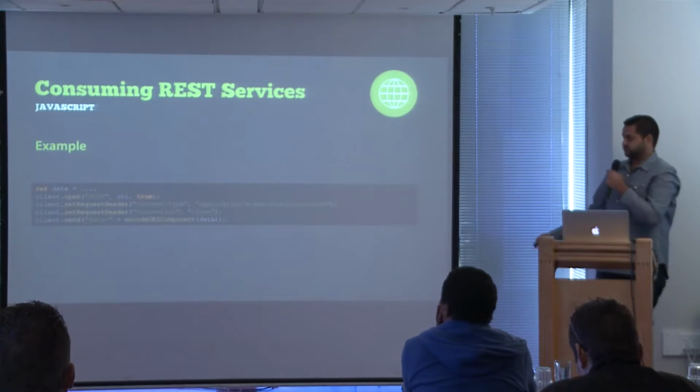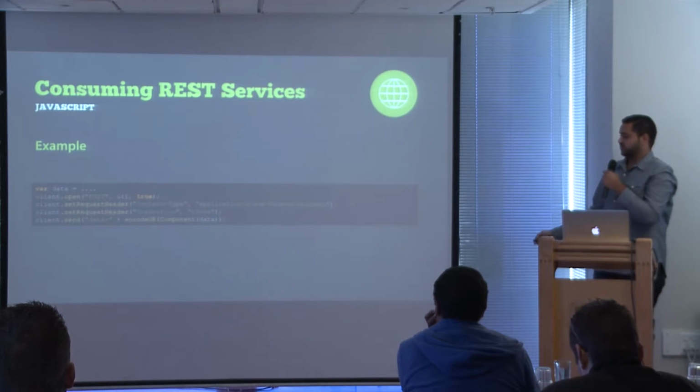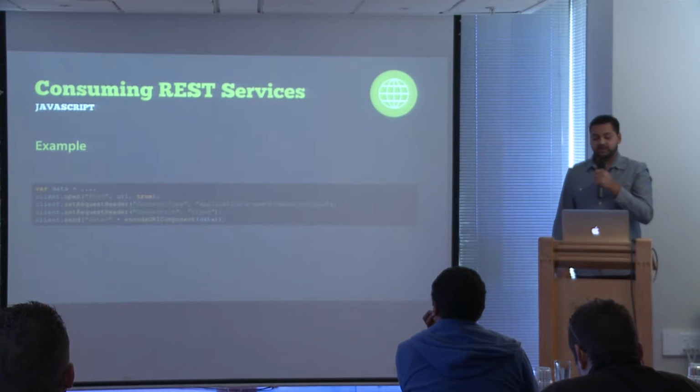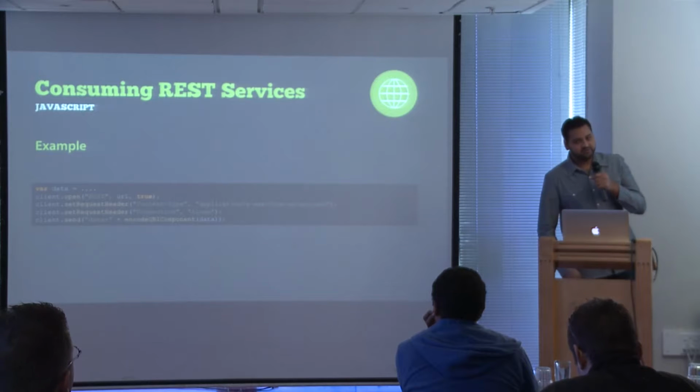Now we live in a world where JavaScript is emerging quite a lot, and you want to consume your RESTful API with JavaScript. So you're going to have to do something like this every time you want to make a request. You'll need to send everything that it needs, including content type and the connection. You need to manage all of that yourself. So rather use a library that's going to help you with it.